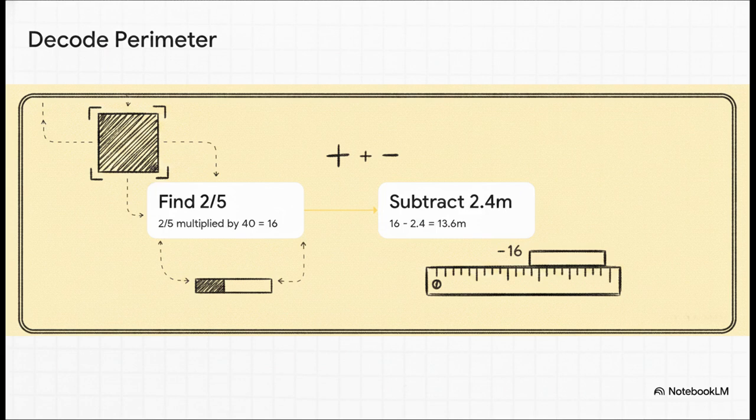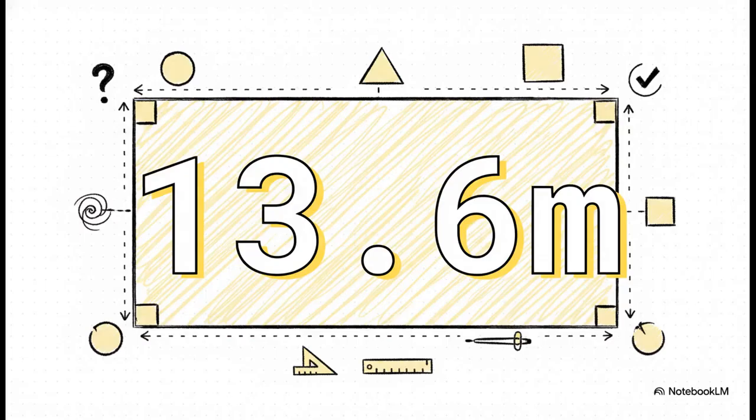So we simply take our 16, subtract 2.4, and that equals 13.6 meters. Boom, 13.6 meters. Honestly, this is a major breakthrough in our case right here. We've successfully uncovered the actual perimeter of the mystery rectangle. We aren't just relying on floating variables anymore. We finally have a solid hard number to anchor our investigation.